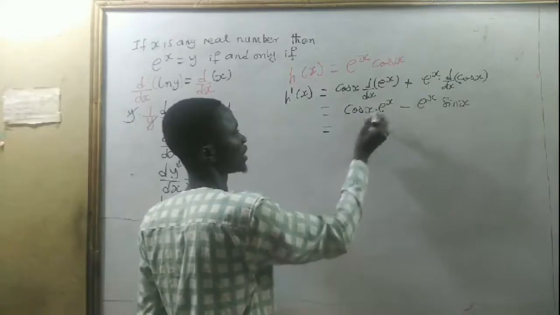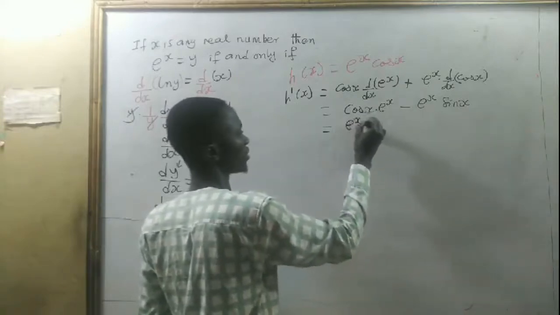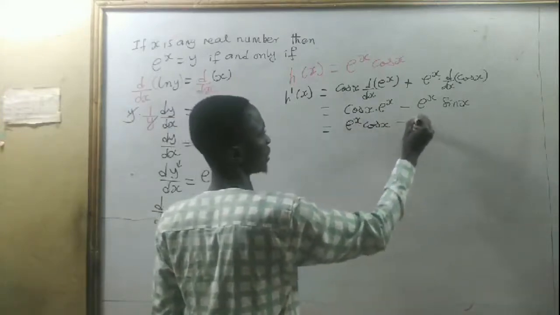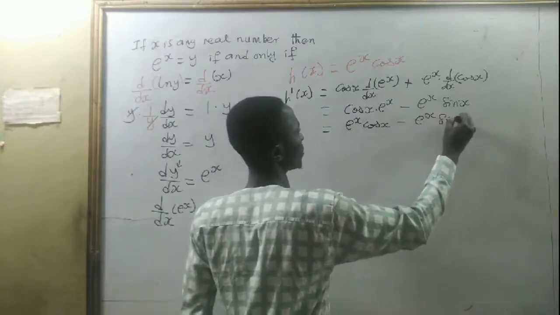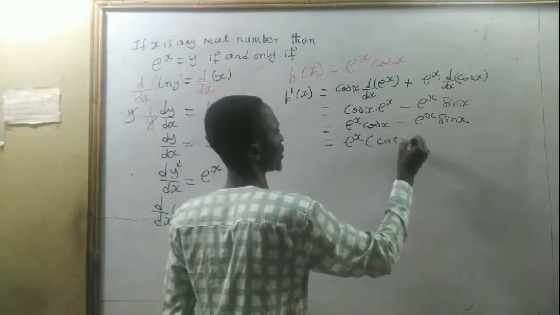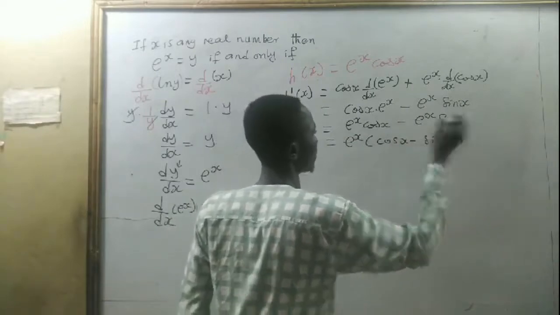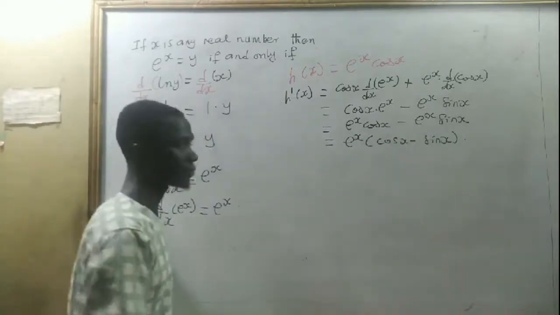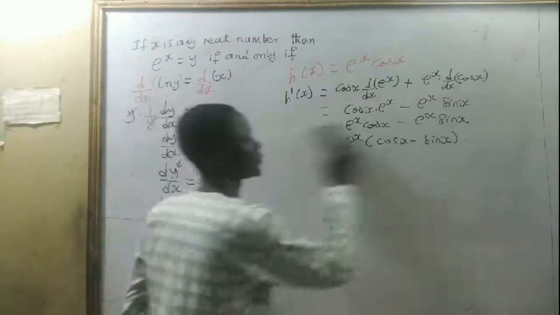So here, let's bring the e to the power x to the back. Cosine of x, yes, minus e to the power x sine x. And then we factorize e to the power x out to get e to the power x times (cosine of x minus sine x). That's our final answer. Very simple. Let's move on.